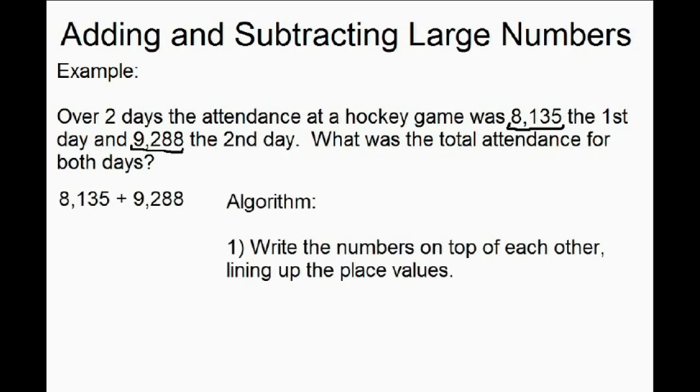So the first step in our algorithm is to write the numbers on top of each other. Another way to say that is to stack the numbers, and we want to line up the place values. The place values are essentially in a column.